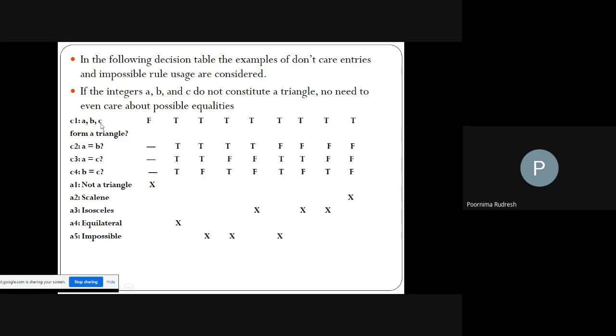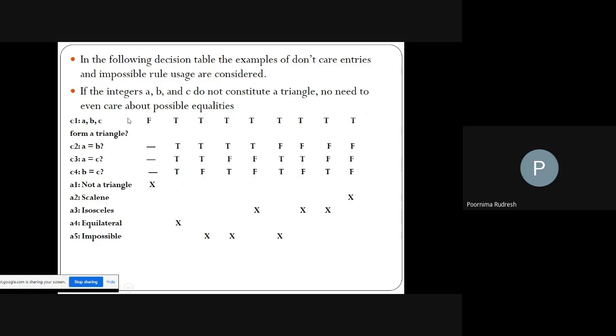Means whatever ABC values we have entered, it is not possible to form a triangle, and hence the output is not a triangle. Understood? Next we'll go for the other type of conditions. Here the first one is the false condition for C1, and next we'll see the second rule.